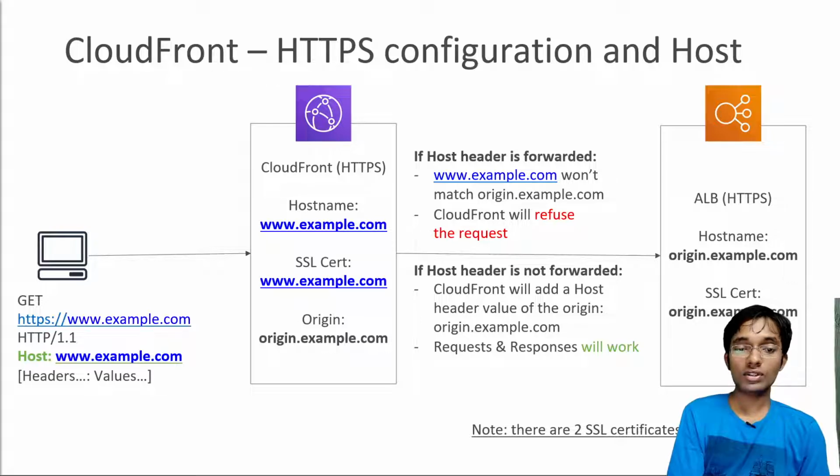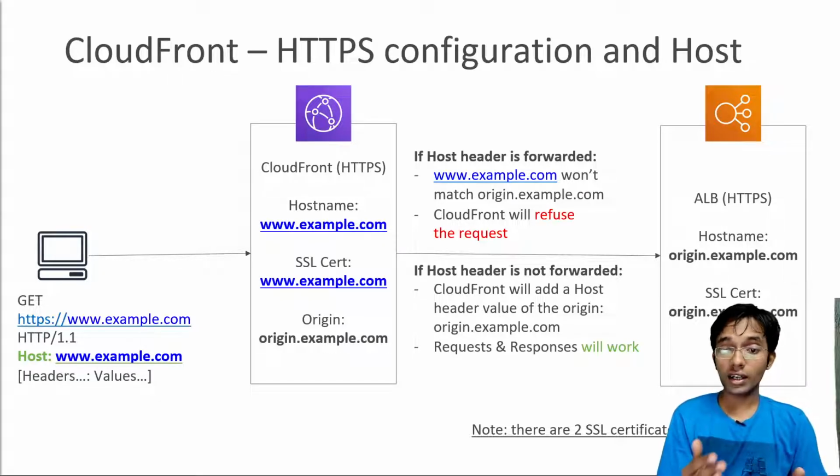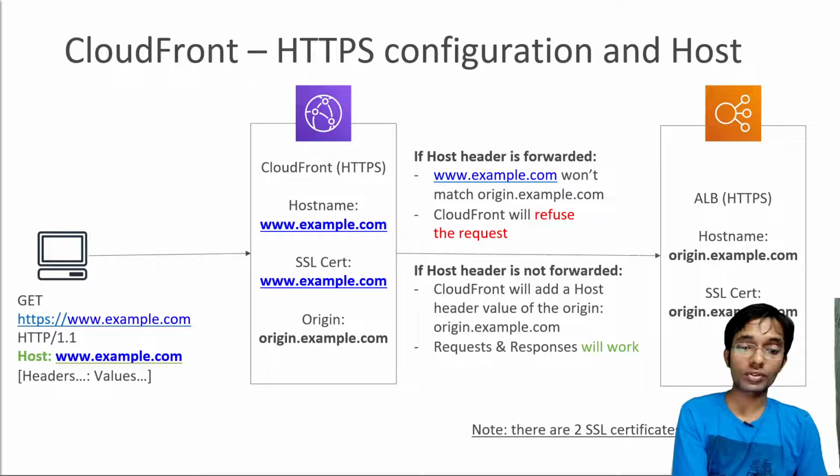So this is the host header here. The host header is extremely important. As you can see on the left hand side, the host header currently is www.example.com, and so if the host header is forwarded onto the ALB, then www.example.com will not match the host name of our ALB, which is origin.example.com, and therefore, even though it may work as a connection, the ALB will refuse the request.